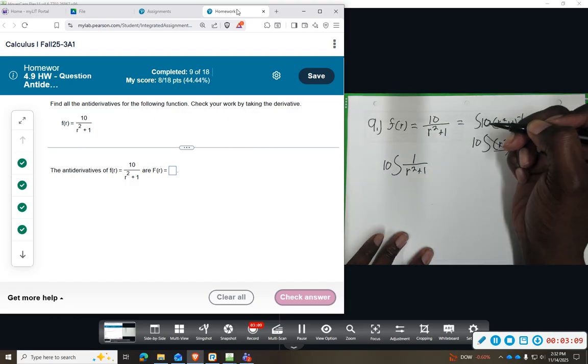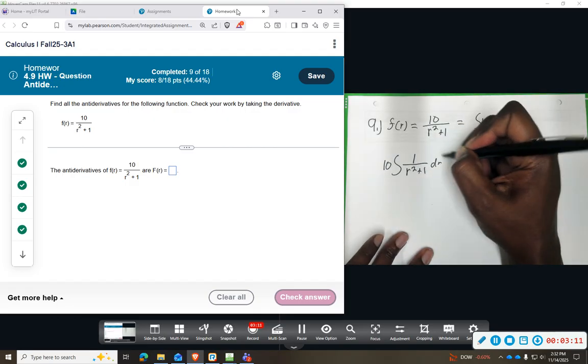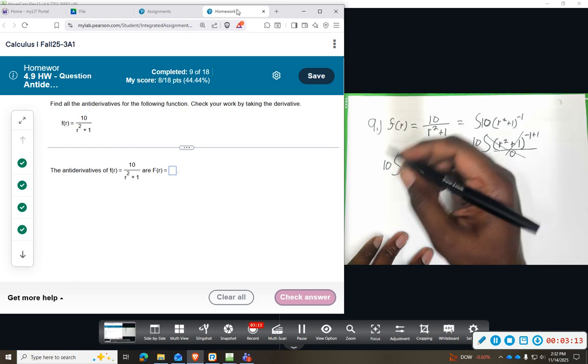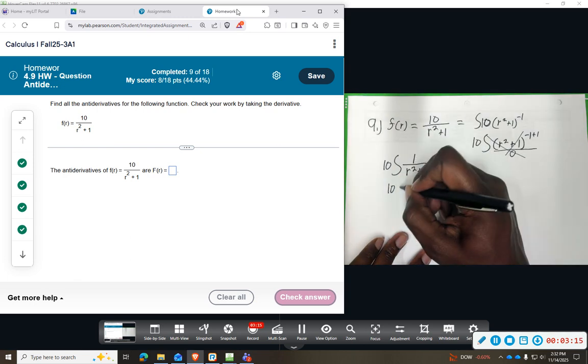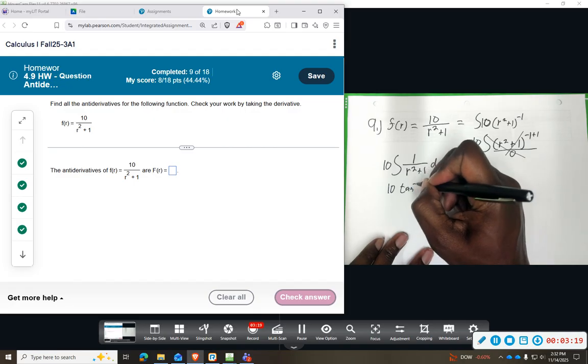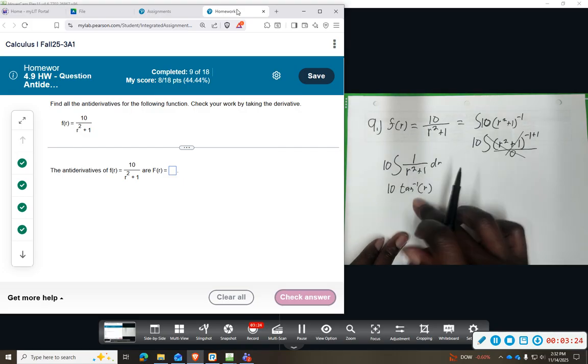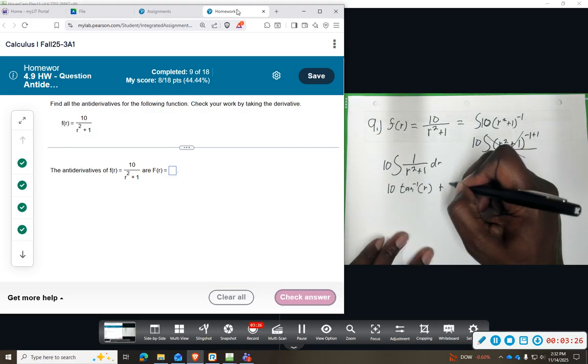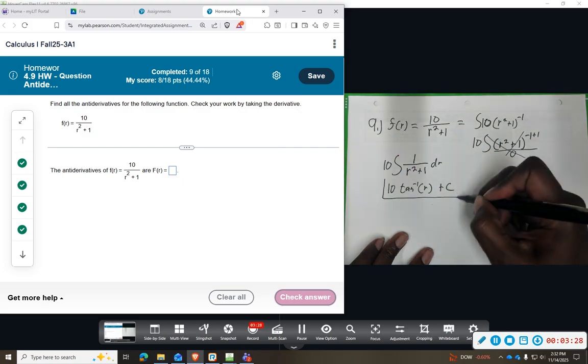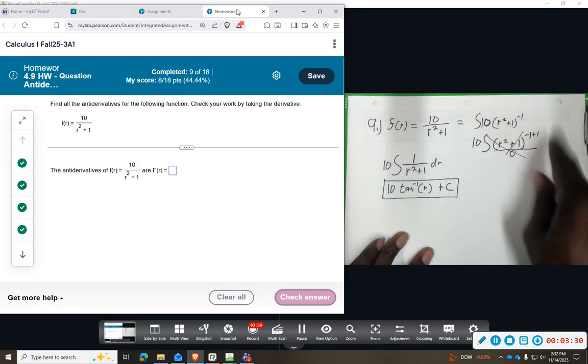This looks like the arctan. So we can say this is going to be 10 times the arctan, or you can say tan negative 1, tan inverse of r. So it just ended up being r, and then you have to remember your plus c whenever you do an antiderivative.